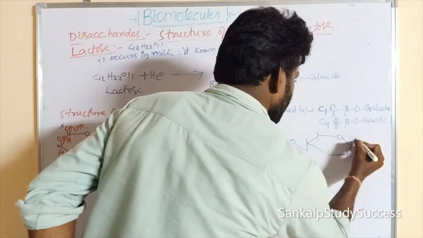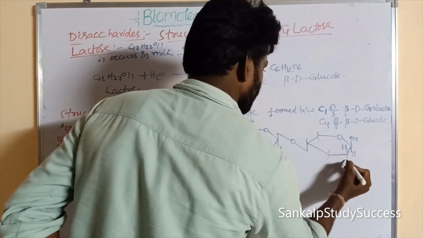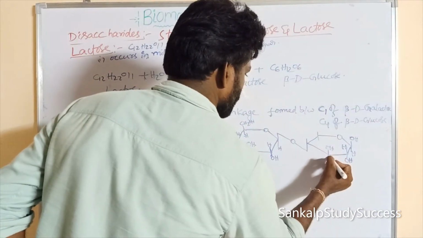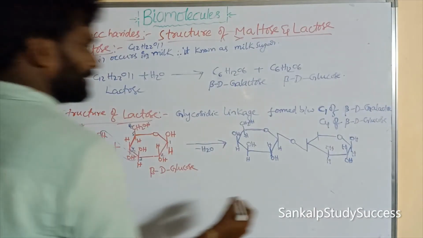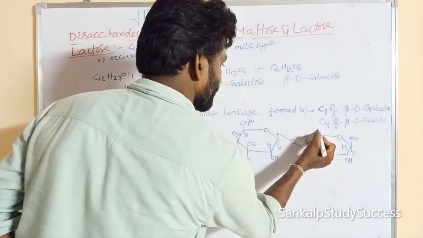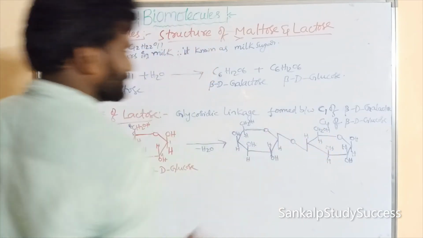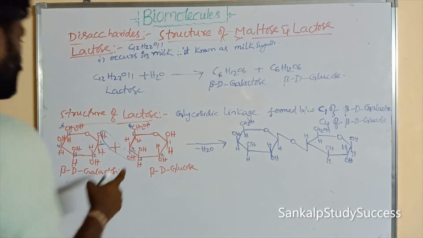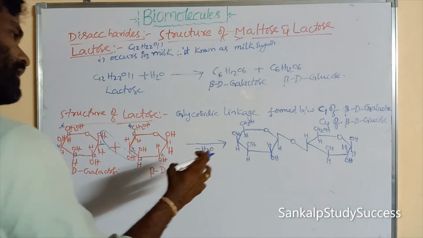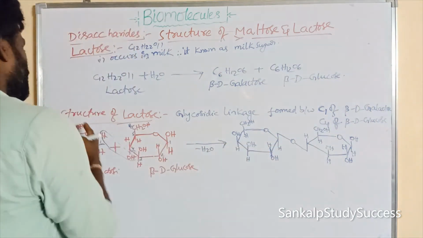When beta D galactose and beta D glucose are combined at C1 and C4 by loss of a water molecule, we get the lactose structure.